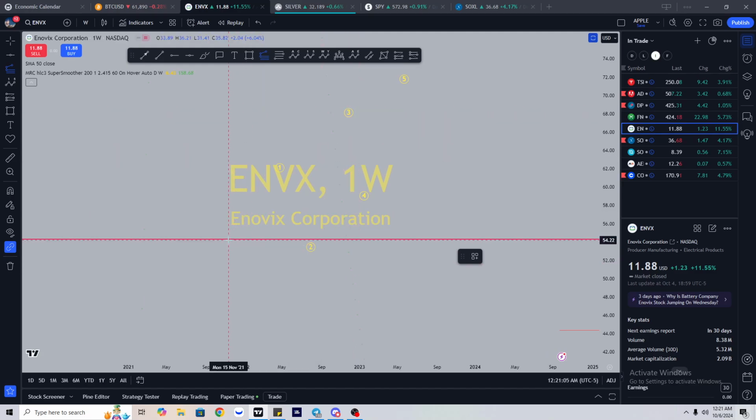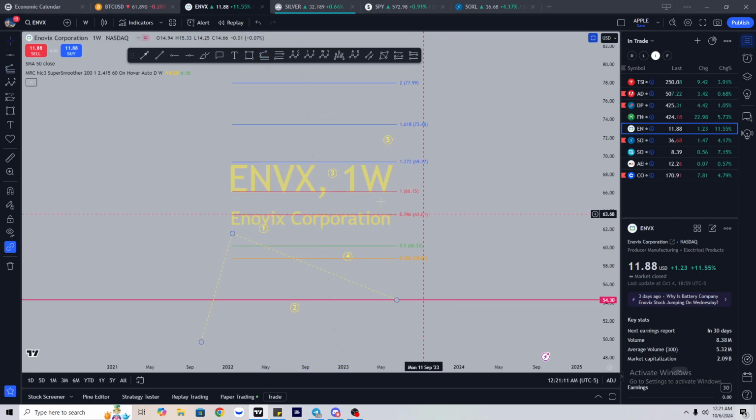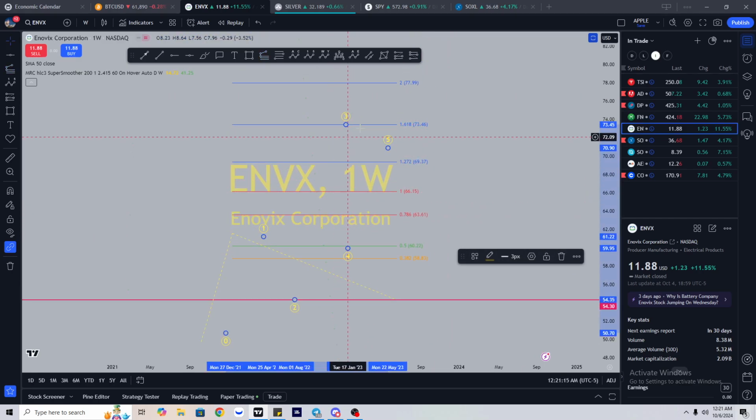Wave 3 will go to the 160% fib. Wave 3, 160% fib is the standard level for wave 3. Okay, so wave 3 is a majority of the time, almost every time, 160% fib, or in that area.